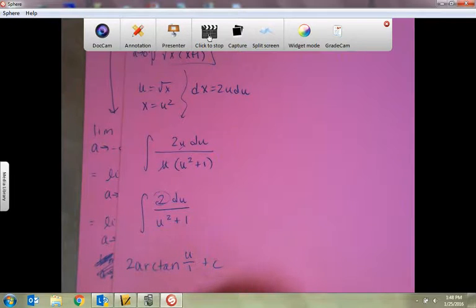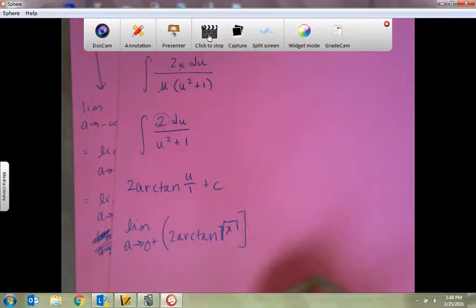So there's that part. I have 2 times pi over 4 minus 2 times arctan of 0, which is 0. So this part gives me pi over 2.